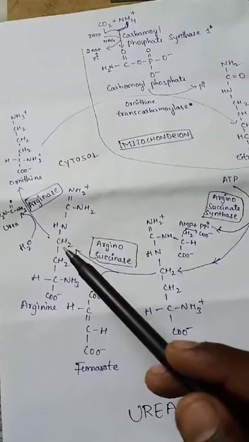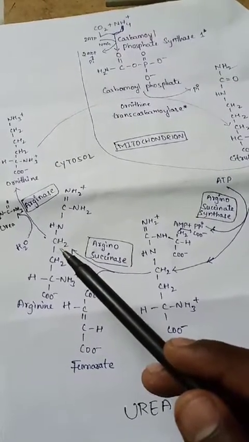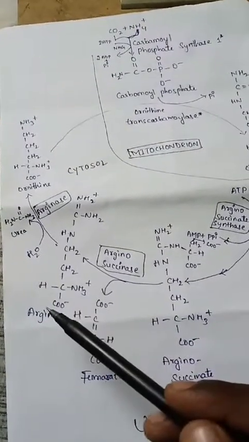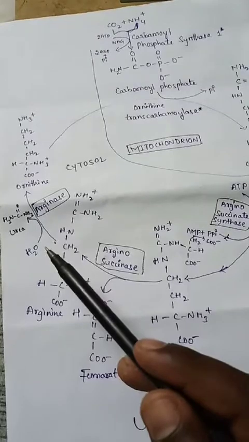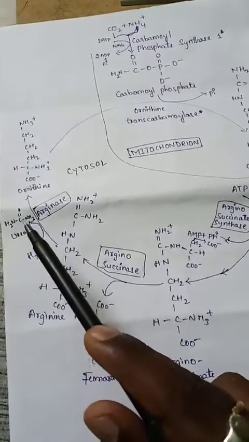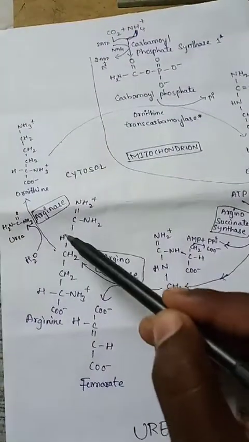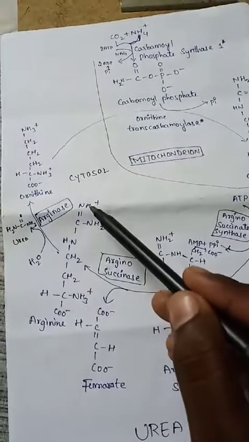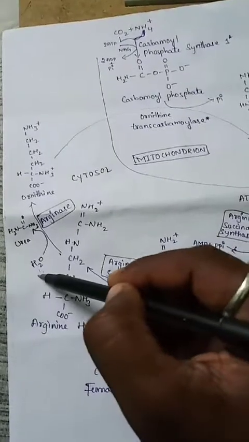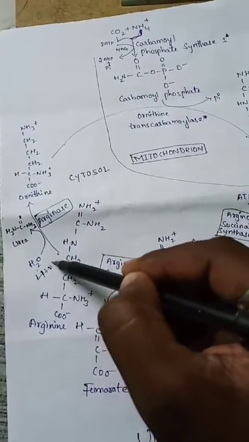The arginine plays a key role in the elimination of carbon dioxide and ammonia. It is eliminated as urea by utilization of a water molecule. What is urea? NH2 and C double bonded O NH2. This part is eliminated as urea, while the water molecule splits into H plus and OH minus.